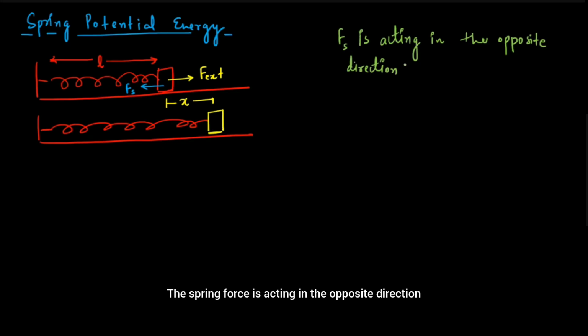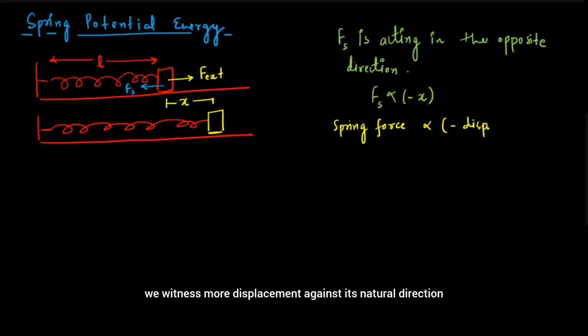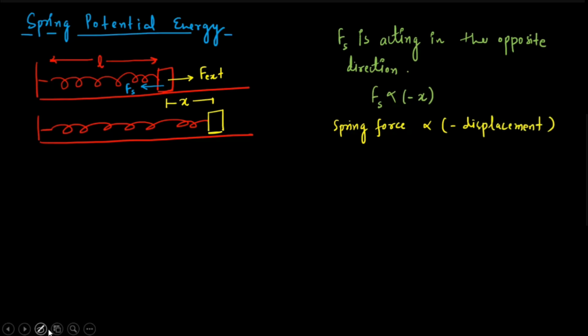The spring force is acting in the opposite direction, and because of that, the spring force is directly proportional to negative of x. Or we can say that the spring force here will increase as we witness more displacement against its natural direction.